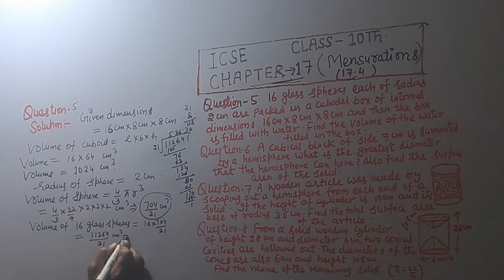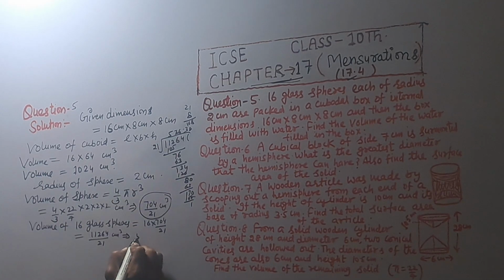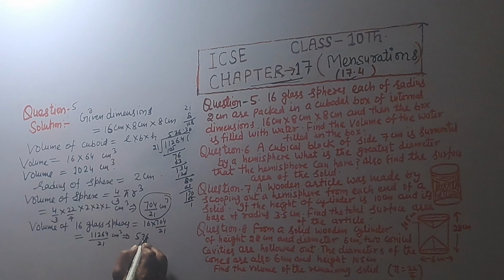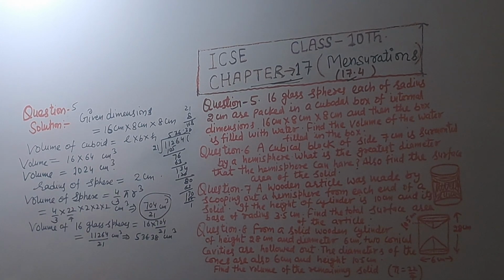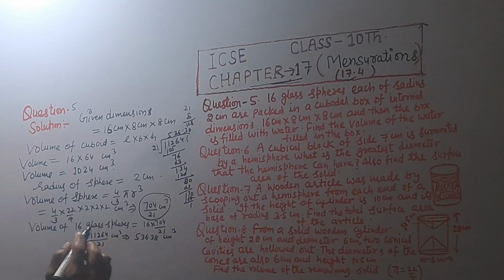Centimeter cube, which implies 536.38 centimeter cube. Find the volume of water filled in the box.